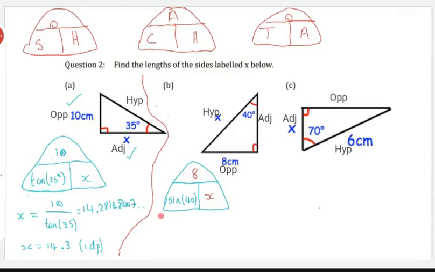So what would we write next? x equals 8 over sin 40. Very good. And then getting out the calculator.